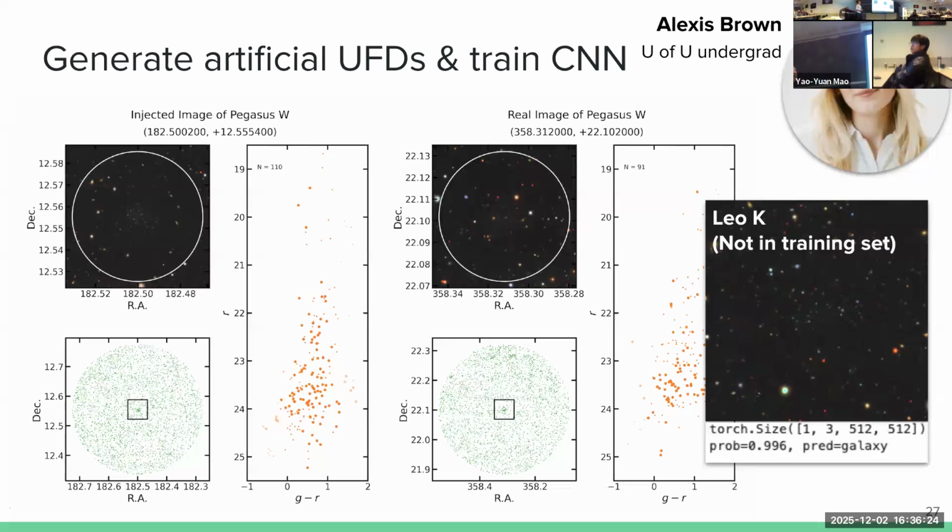But we do have some ideas. We can tune the way we generate artificial galaxies to focus on specific parameters, a specific distance range, and so we can narrow down some of these false positives further. I hope I will have some more exciting results to show in terms of how we can use the CNN to do this.